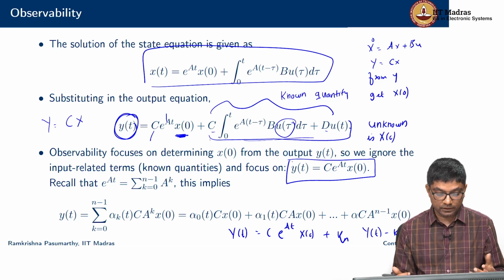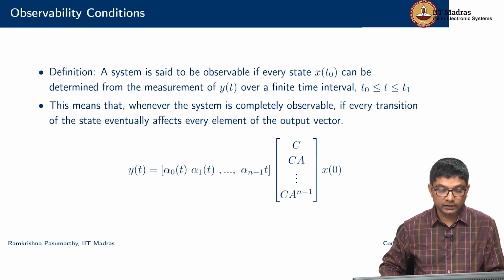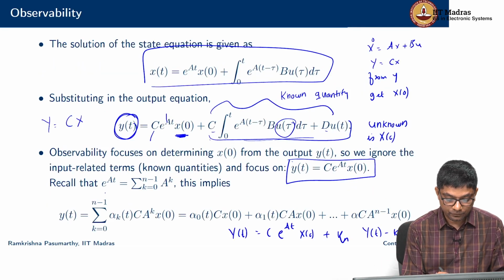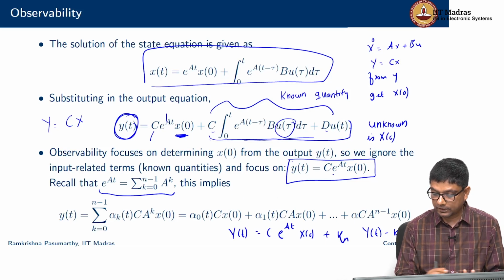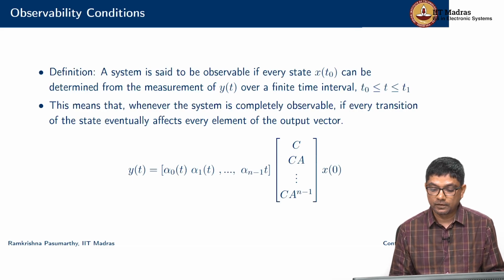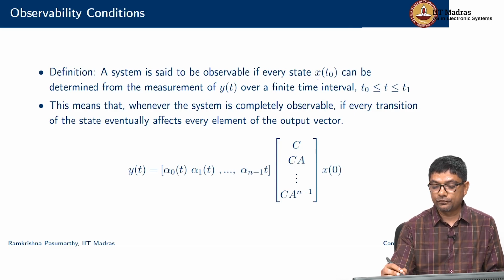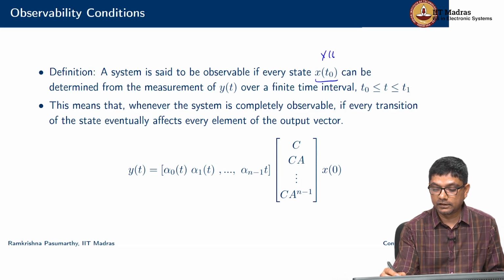Now I will do some similar tricks. I will just use what I knew earlier for e power At. Use this definition, put it back here, and this will expand to some terms which will now look like this. We again look at the definition. A system is said to be observable if for every state x(t naught), can I determine x(t naught)?